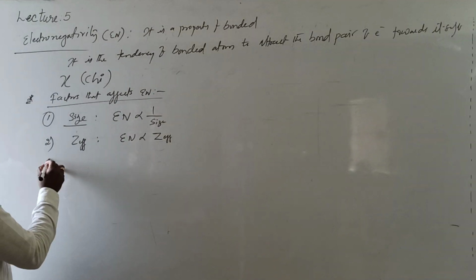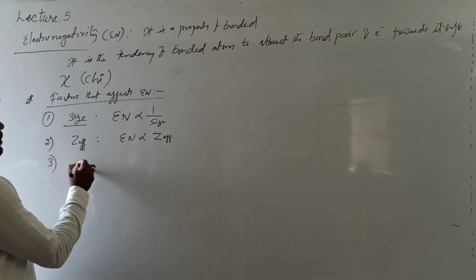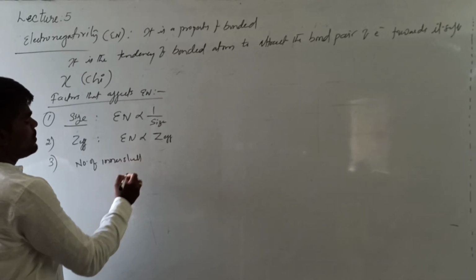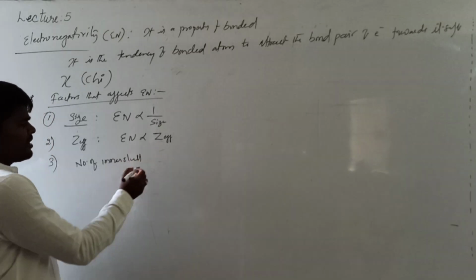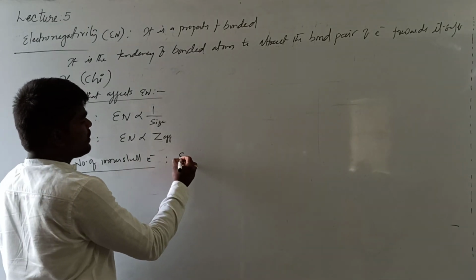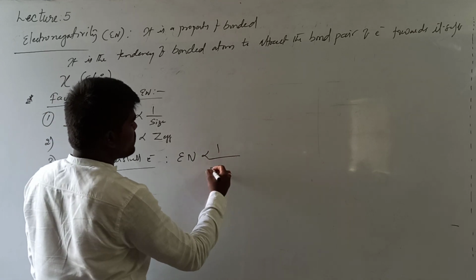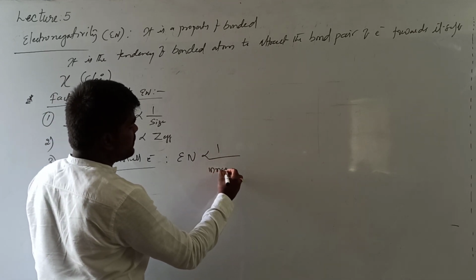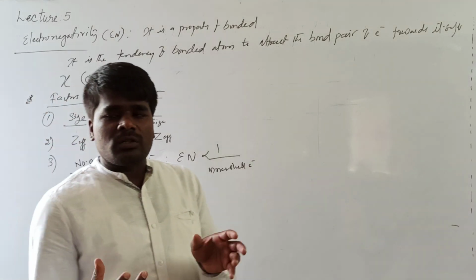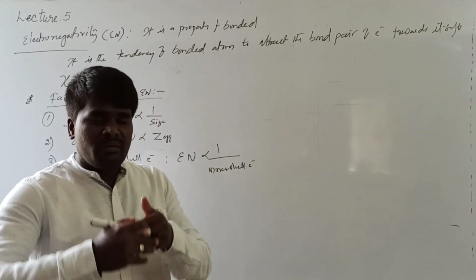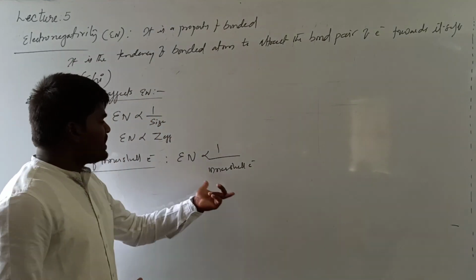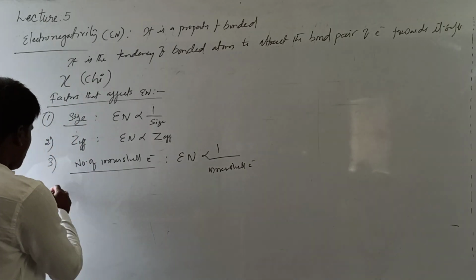And the third factor is the number of inner shells or inner shell electrons. Here, electronegativity is inversely proportional to the number of inner shell electrons. As the number of inner shell electrons increases, the number of shells increases, which means atomic size is increasing, so electronegativity decreases. Right?